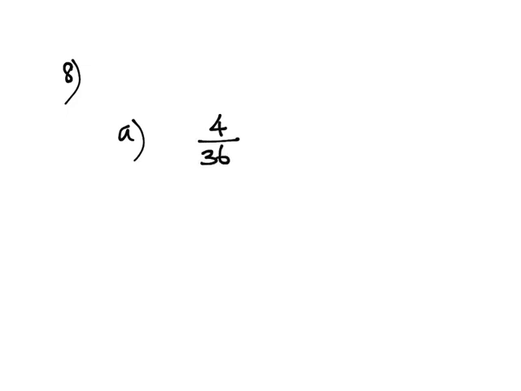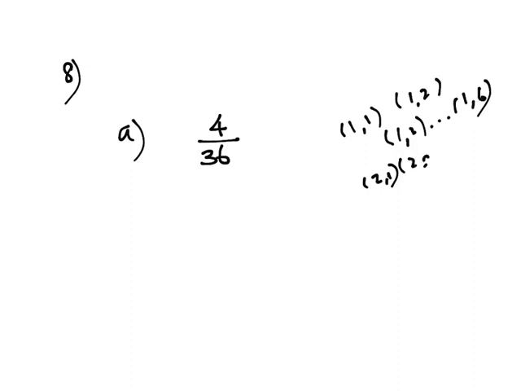Now how is this? When she tosses the two dice once, there are 36 possible outcomes, isn't it? You can have let's say 1 1, or 1 2, or 1 3, till 1 6, or you can have 2 1, 2 2. It goes on. Finally you can have 6 and 6.